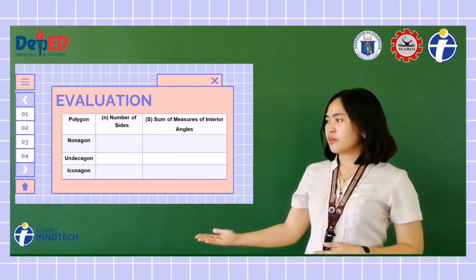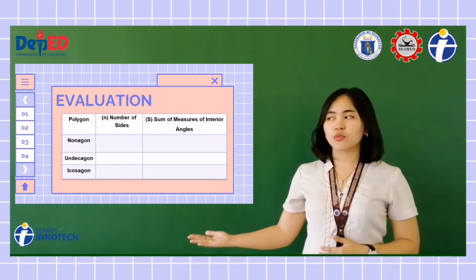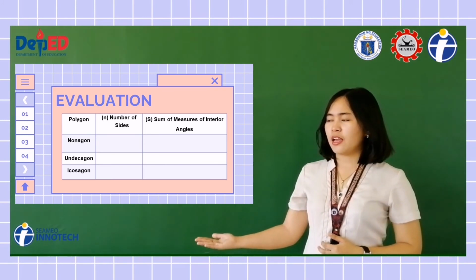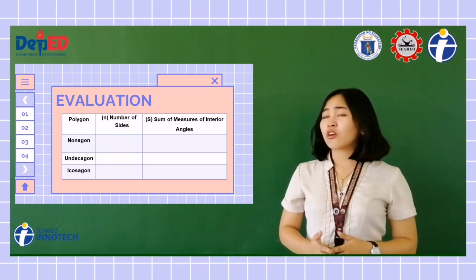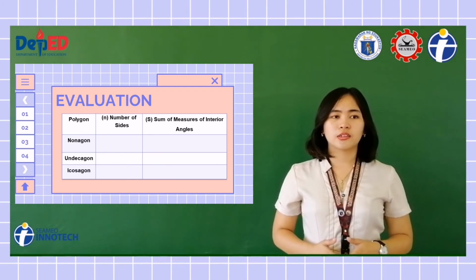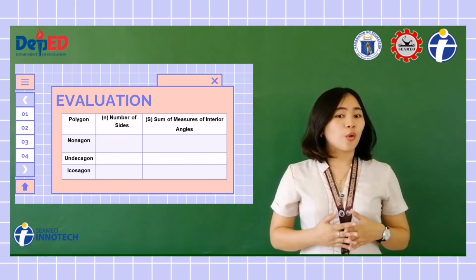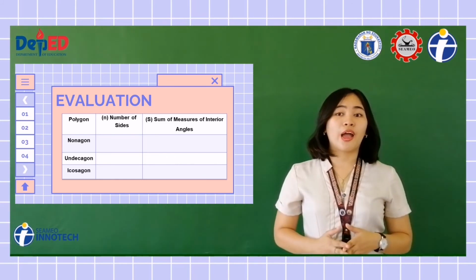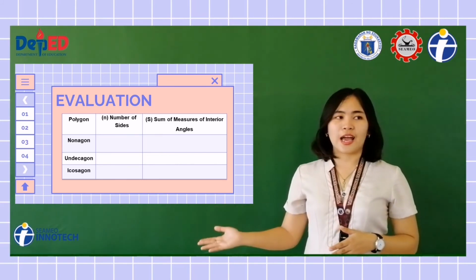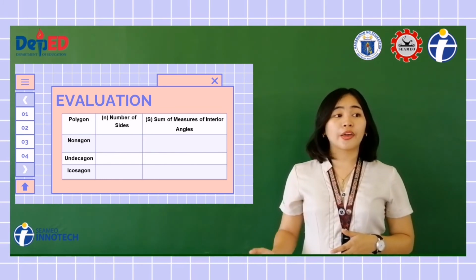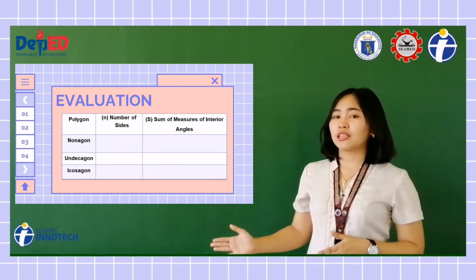You got it right? I know you are unfamiliar with this word, but in your case, how many sides does an icosagon have? Okay, anyone? Yes, very good. We have 20 sides. So for our icosagon, the number of sides is 20.